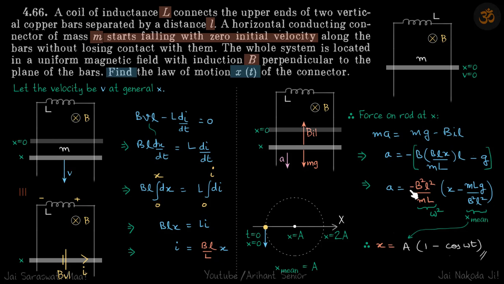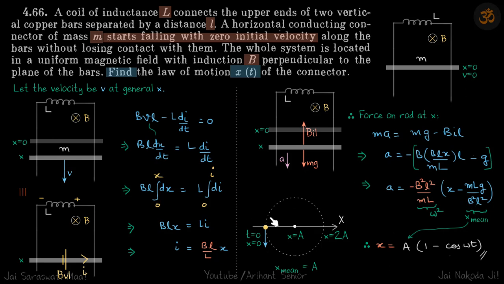So you can see acceleration is of the form of minus omega square x. So that's an equation of SHM, and we know this will be the mean position. Initially its velocity is 0, so that will be the extreme position.